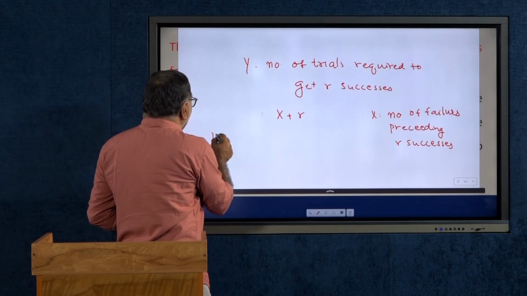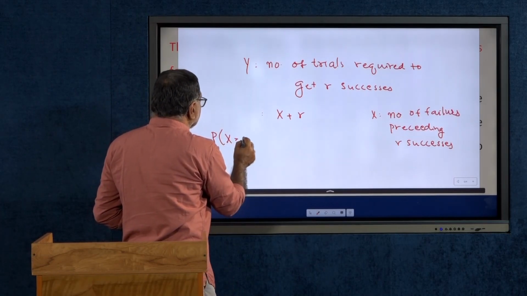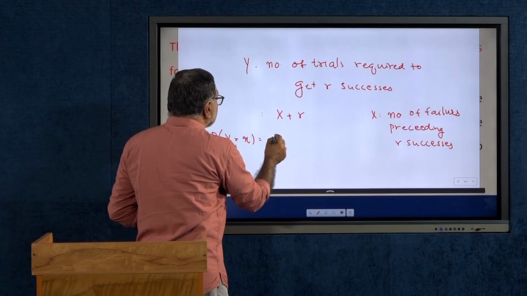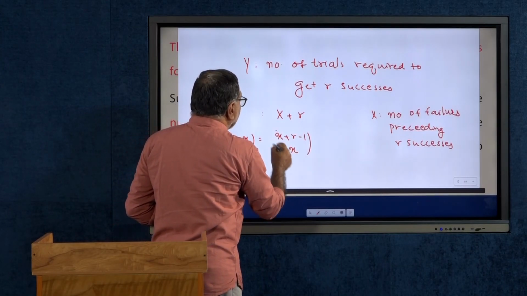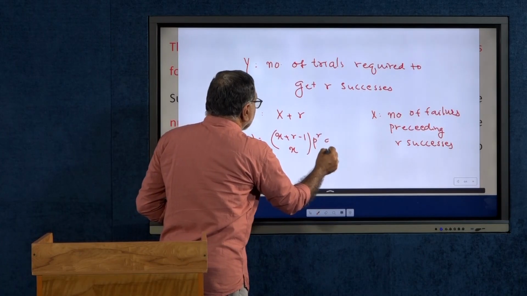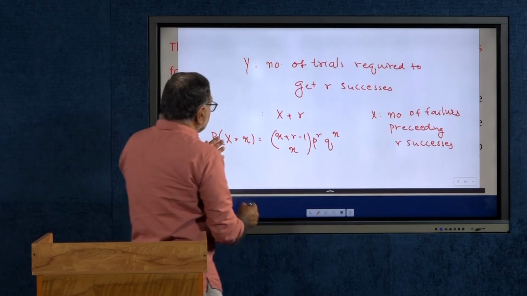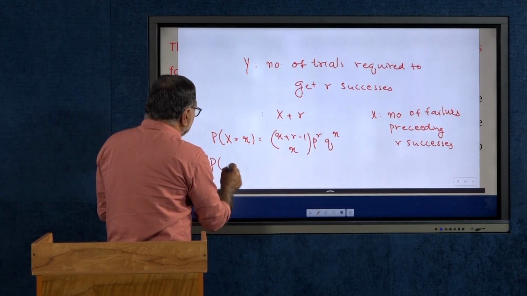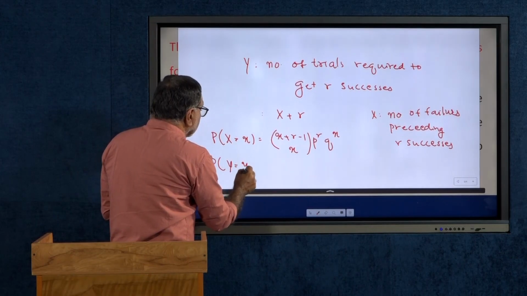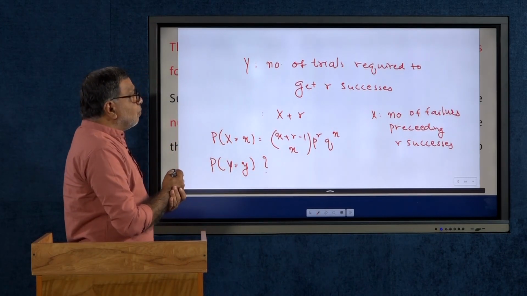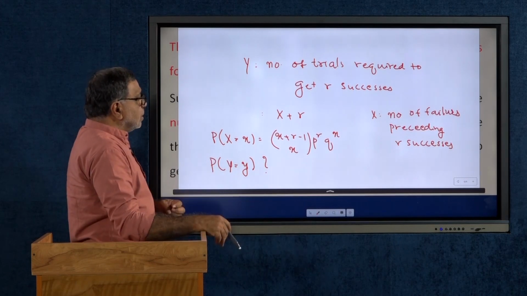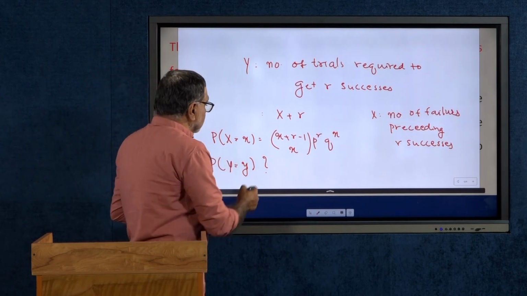And probability of x equal to x, we have x plus r minus 1 c x p power r q power x. So what is probability of y equal to y? This is our question. How do you find this?